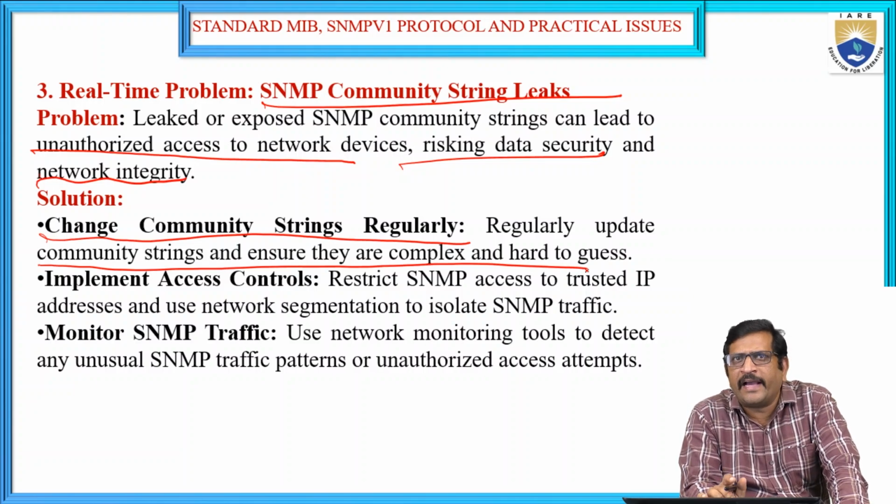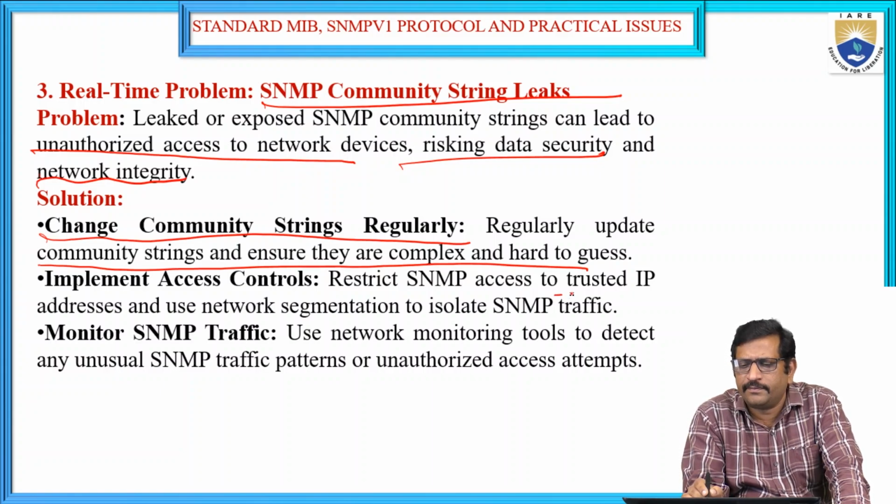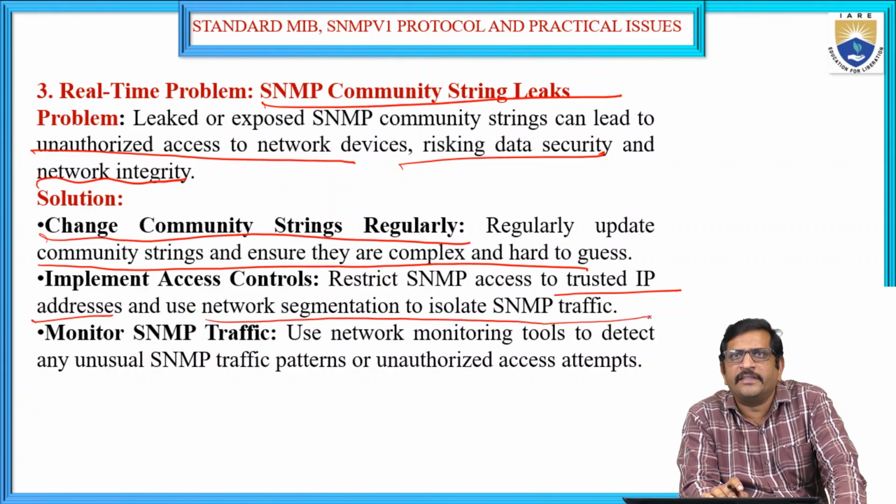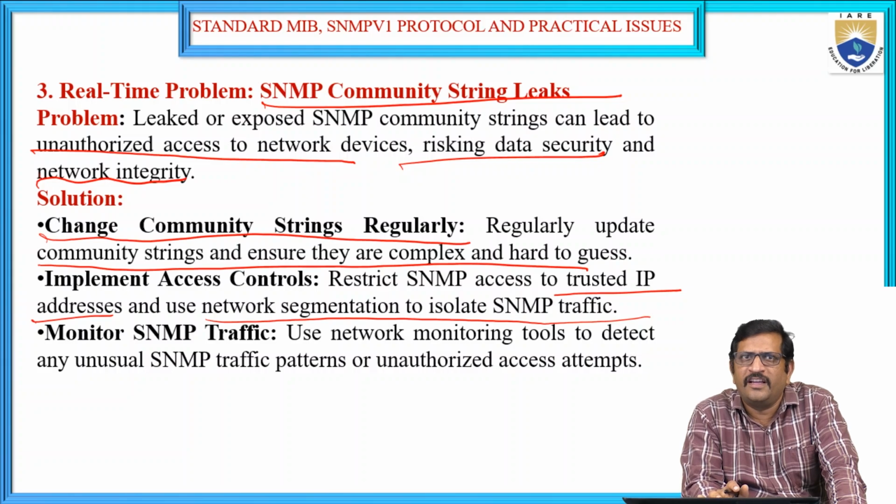And implementing access controls. To keep out unauthorized parties, we have to implement controlling mechanisms that restrict SNMP access to trusted IP addresses, and use network segmentation to isolate the SNMP traffic.